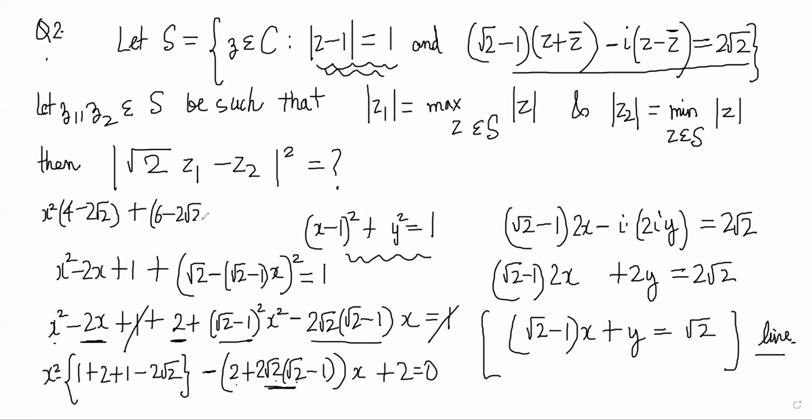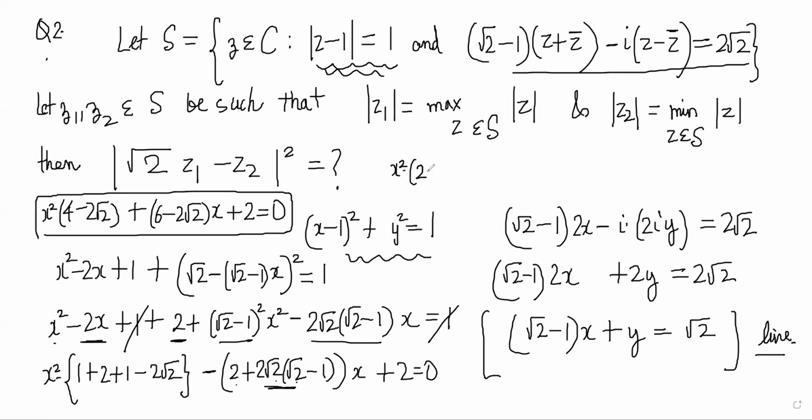So 6 minus 2 root 2 x plus 2 equals 0. You can cancel 2. You'll get x square into 2 minus root 2 plus 3 minus root 2 x plus 1 equals 0, right?